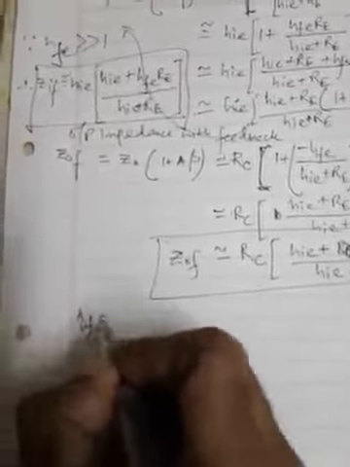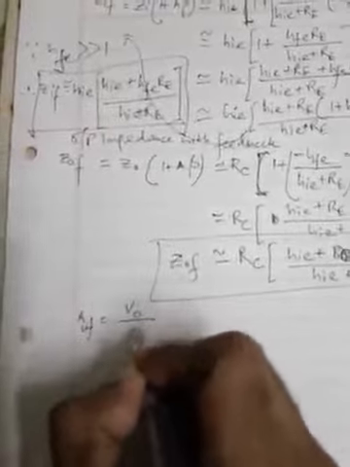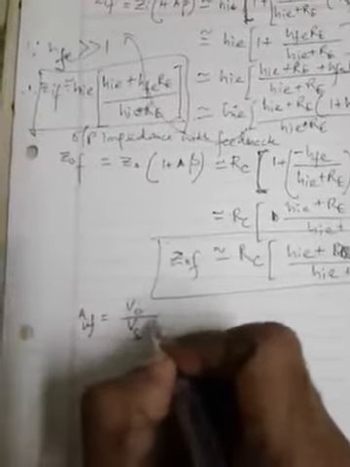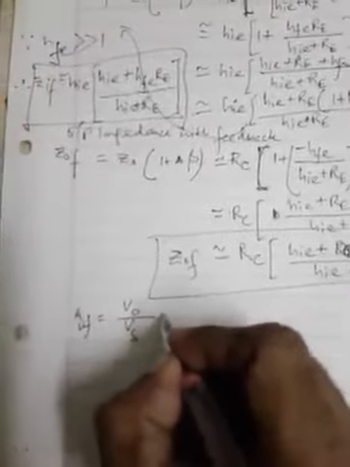AVF rather, is equal to VO divided by VS, and this VO is nothing but IO into RC.